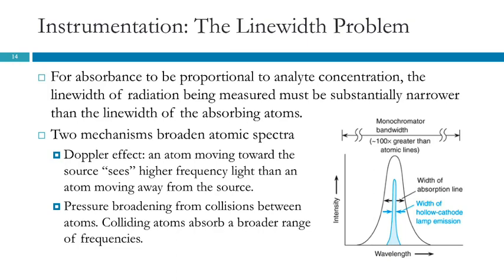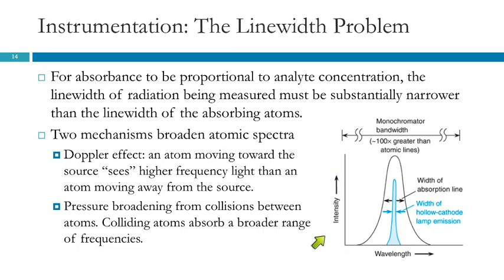And so in order for the absorbance to be proportional to the analyte concentration, we need the line width of radiation that we're measuring to be substantially narrower than the line width of the absorbing atoms. And this is something that I was looking at 3 different textbooks, and they just really don't explain this very well. So this is my best interpretation of what they're saying.